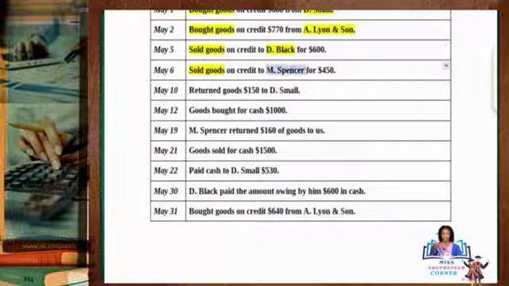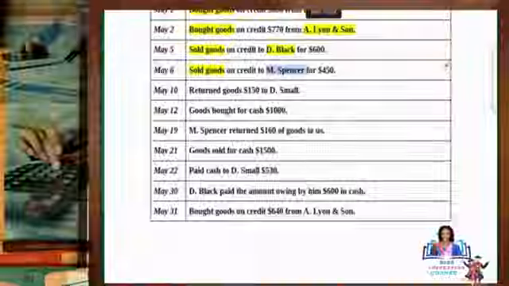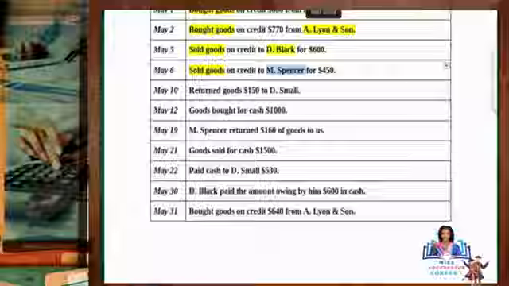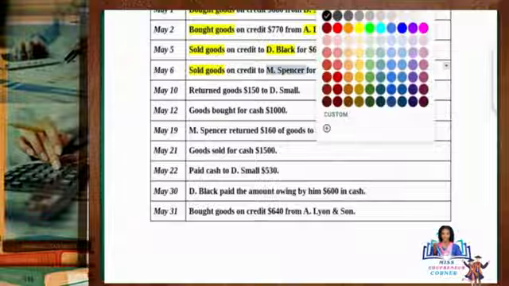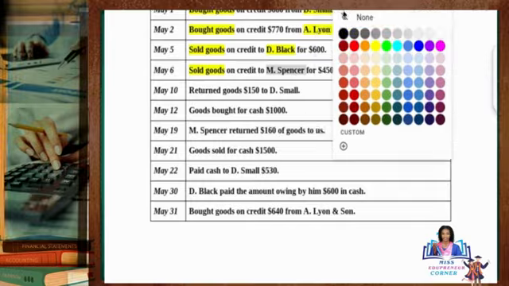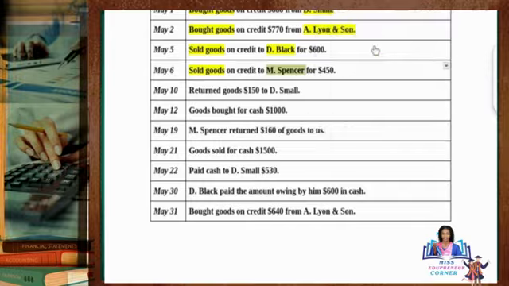And M. Spencer is a customer or a debtor or an account receivable. So this person's account needs to be debited to show that he or she now owes the business for the goods that he took on credit.